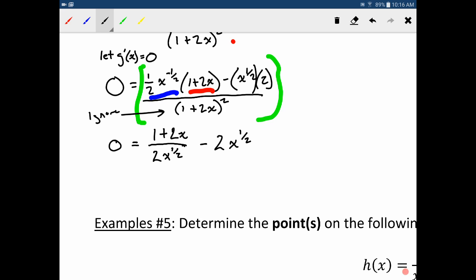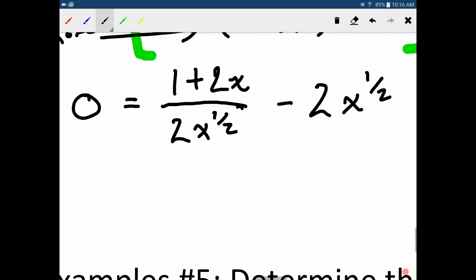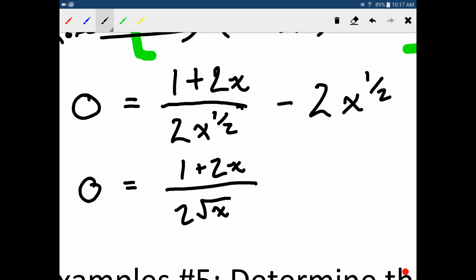Now, the other thing that I'm going to do, I'm going to rewrite this again, and we no longer need these exponents of 1/2. I'm going to rewrite them: I've got 1 plus 2x, and I'm going to write that as 2 root x minus 2 root x. The reason we did that was for taking the derivative, and that's done now. So I'm going to do that just for simplicity.